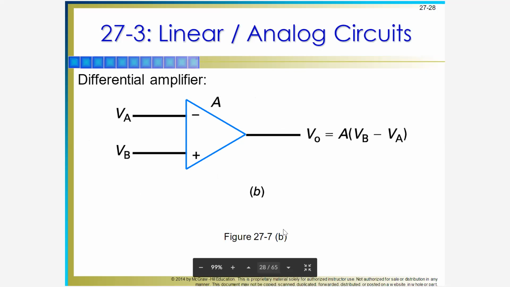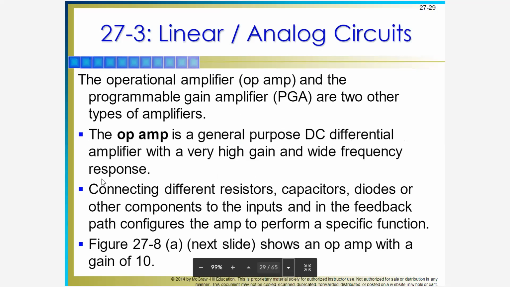Okay, next we have other types of amplifier. We have the operational amplifier, called the op-amp, and the programmable gain amplifier, PGA, as two other types of amplifier. What's the definition of op-amps? Op-amps are general purpose DC differential amplifiers with very high gain and wide frequency response.